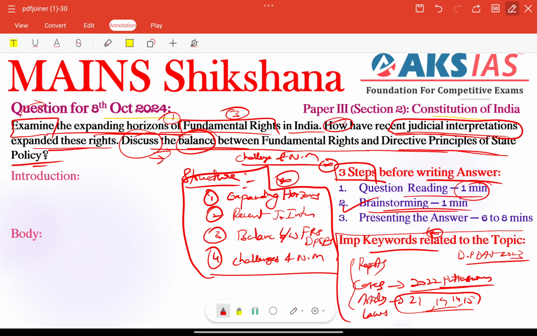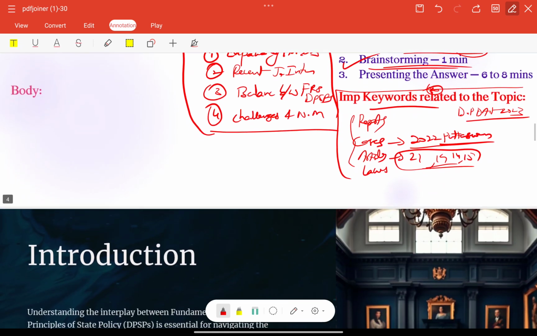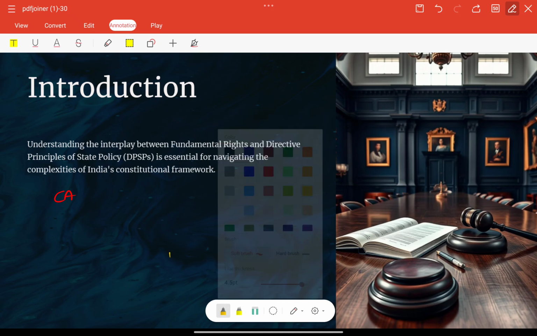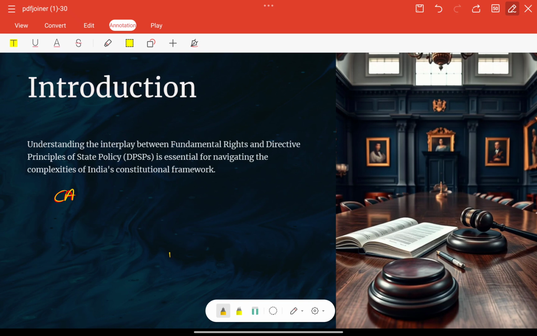Next, coming to the introduction part. How do we write this introduction? We can start with a recent current affairs intro. That is the first important thing. Whenever we write a mains answer, we need to focus on starting with a current affairs introduction. So we can start with recent judicial interpretations related to fundamental rights in India.